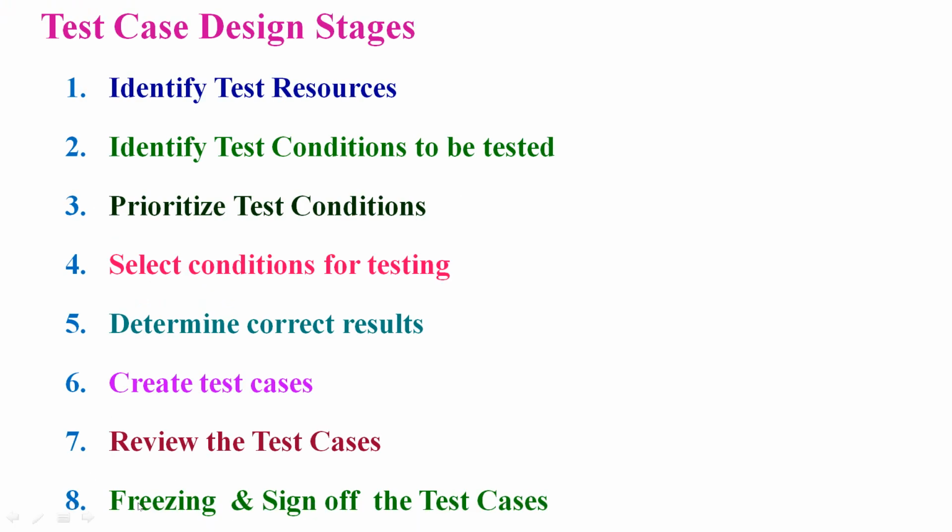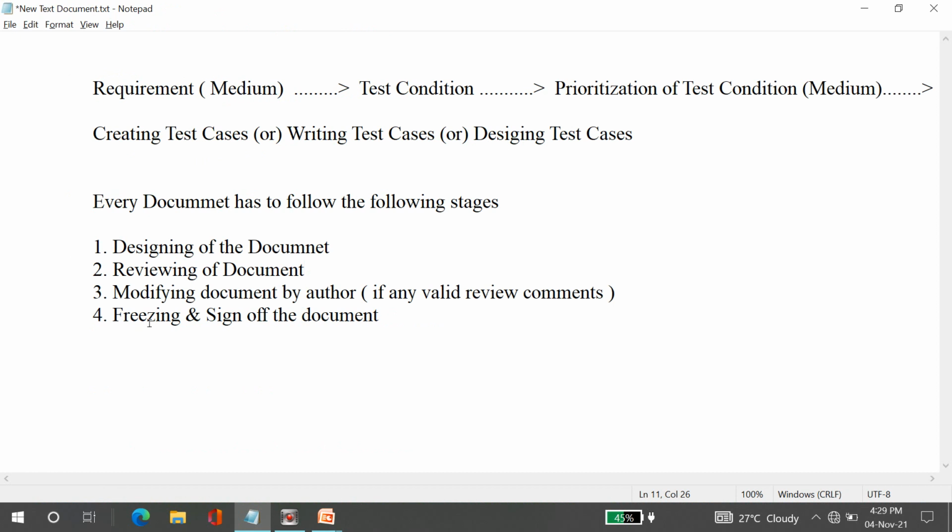What do you mean by freezing the document? Freezing is nothing but finalizing. Once the document is freezed, what does it mean? Further modifications are not allowed for the document. That is called freezing.